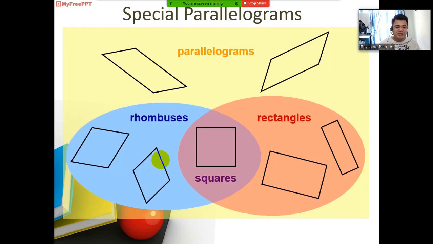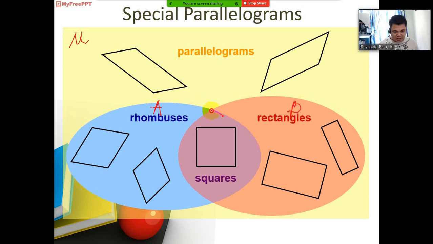Okay, let's proceed. To better understand what we are talking about, special parallelograms, let's use the Venn diagram. In this specific Venn diagram, the yellow is of course the universal set, and inside the universal set we are talking about the parallelograms. In the first circle we have the rhombuses, and in the second circle we have the rectangles.